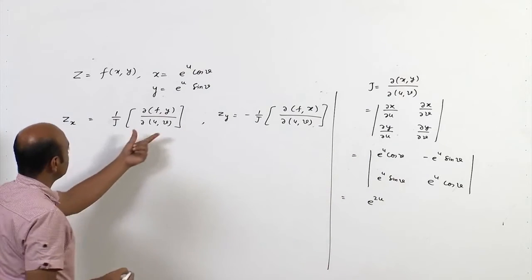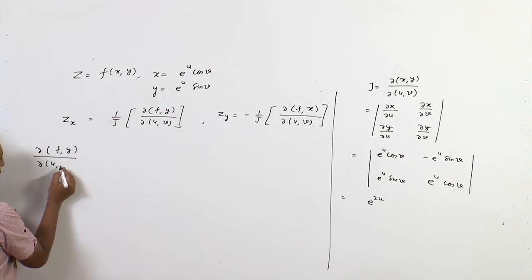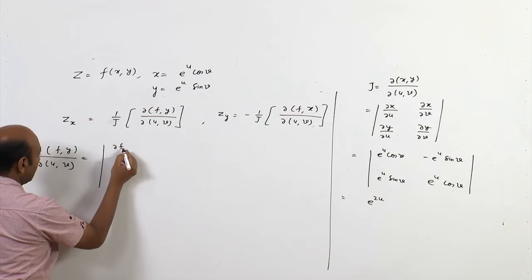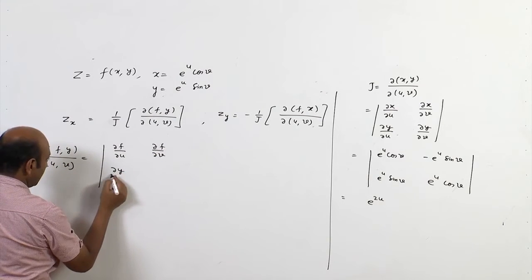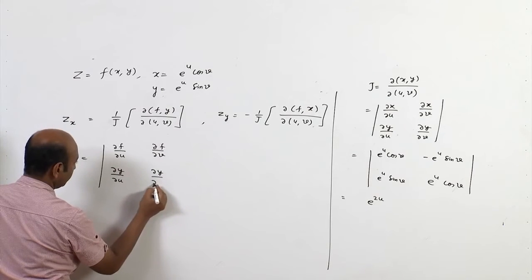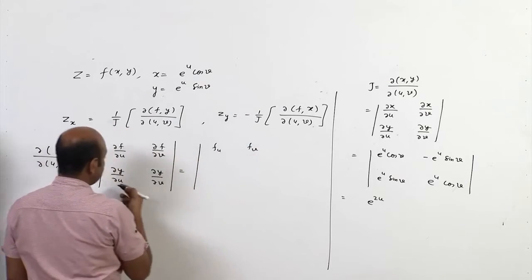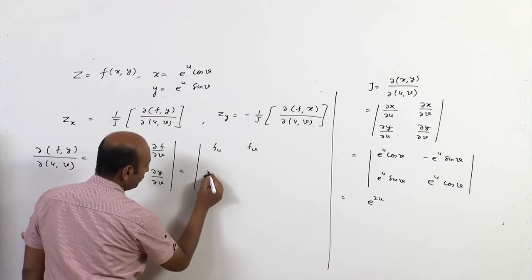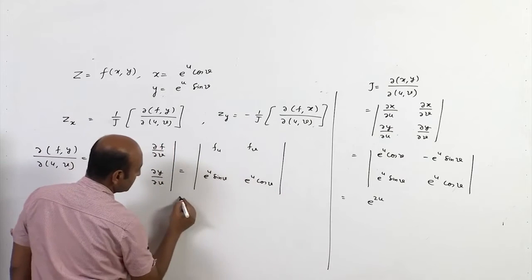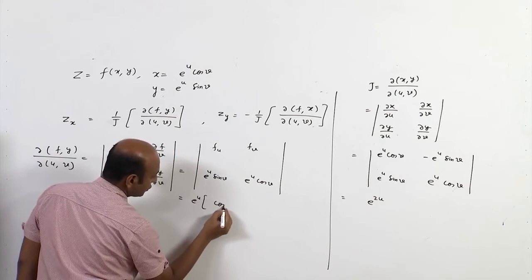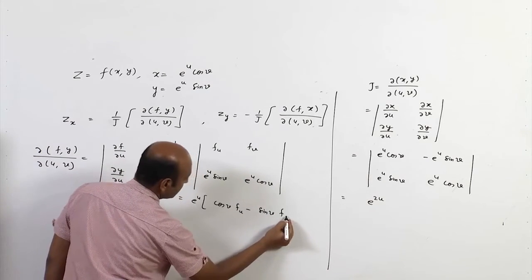Now, let us compute this term. This term is del of f y upon del of u v, which is equal to determinant of del f upon del u, del f upon del v, del y upon del u, del y upon del v, which is equal to determinant of fu, fv, this term is e raised to power u sin v, and this is e raised to power u cos v, and e raised to power u can come out, and it is cos v fu minus sin v fv.